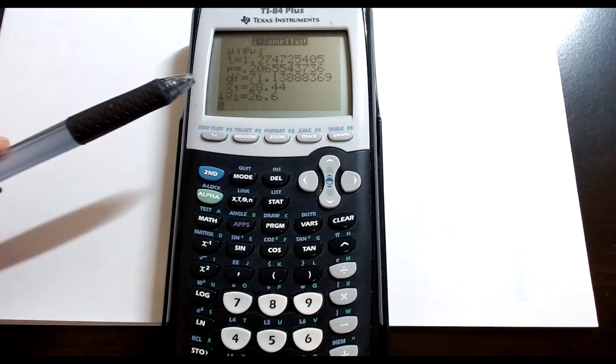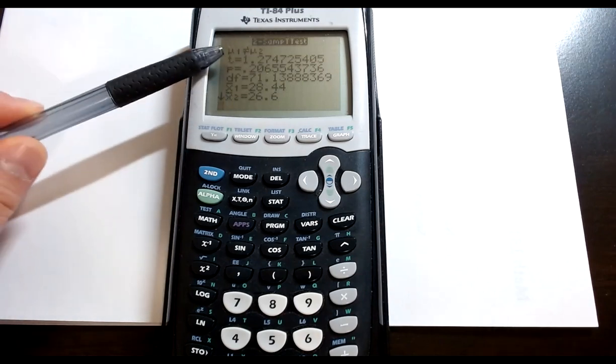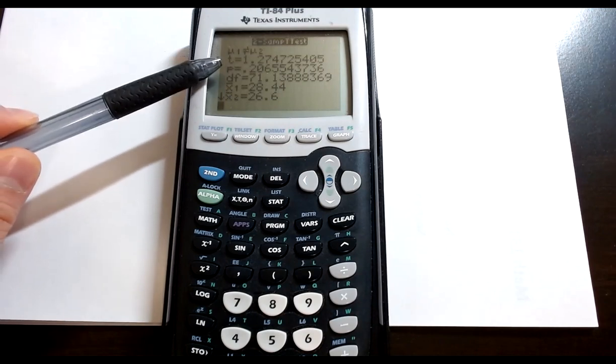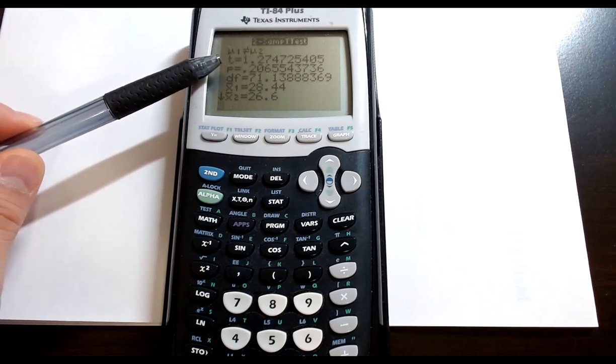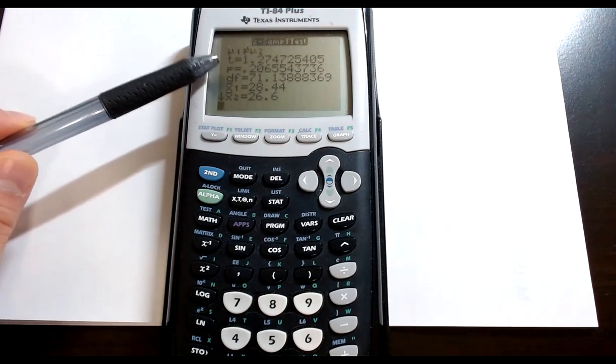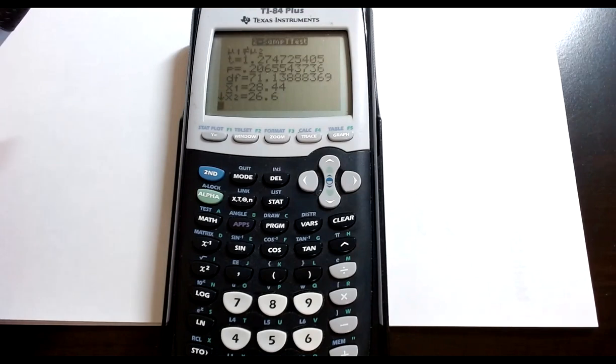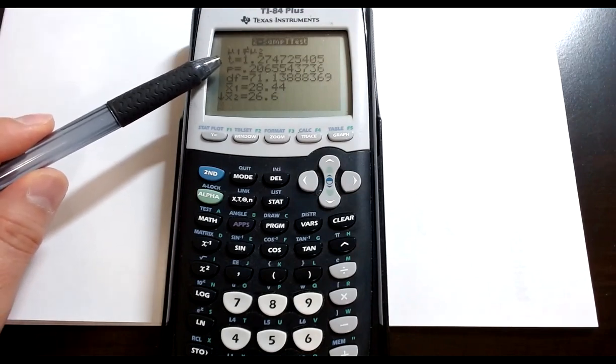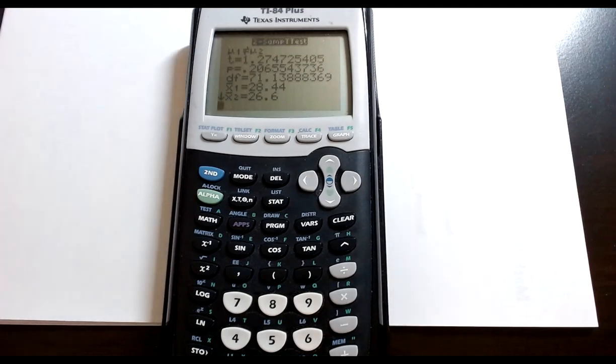So the test statistic is 1.2727. Okay, you see the p value is 0.206. Okay, here alpha is 0.05, right? So definitely the p value is greater than 0.05. So the p value is 0.206, which is greater than alpha, the significance level 0.05.